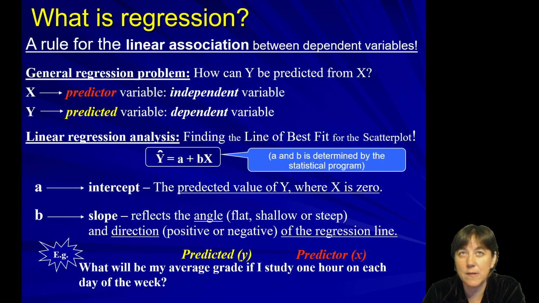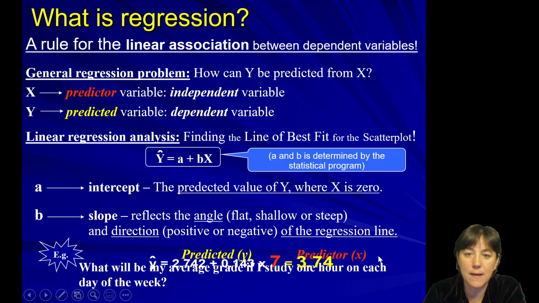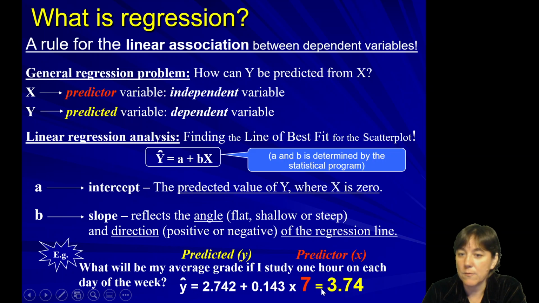We've seen that with 10 hours I get a 4.2, so for 7 hours it will be a little bit less. Let's see, 3.8 or something like that. Oh, I'm a very good guesser, because this is the regression equation for this problem. Remember, it's direction specific. And if I use it with the 7, I get a 3.74.